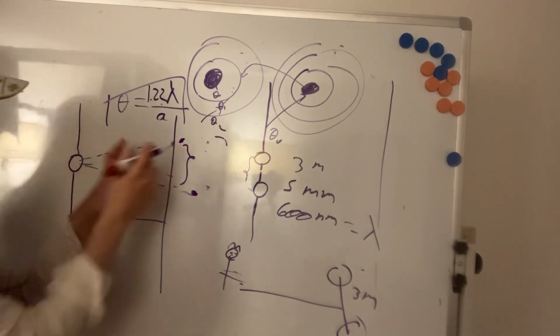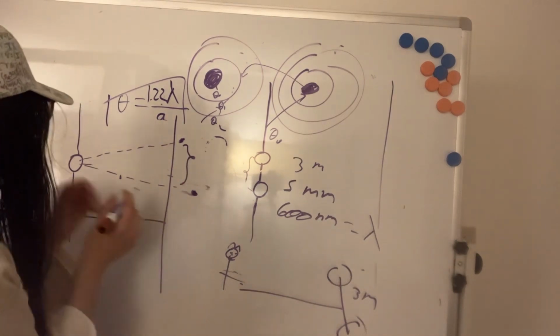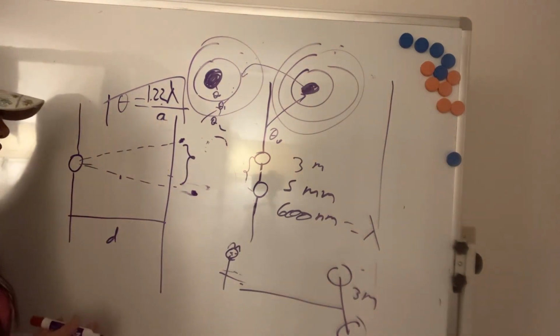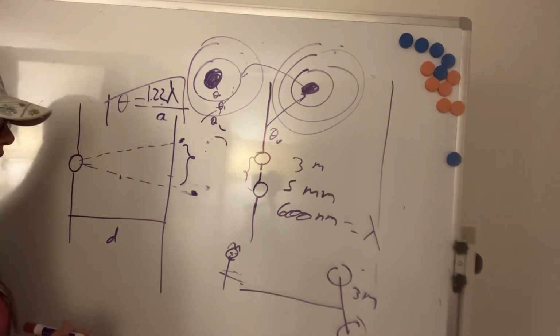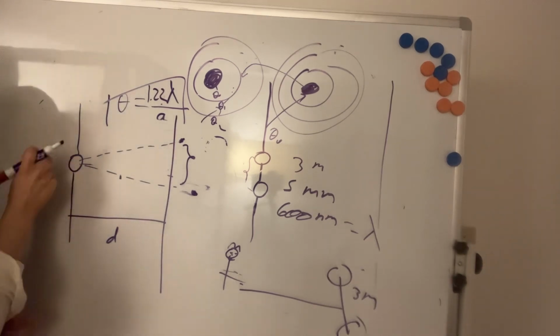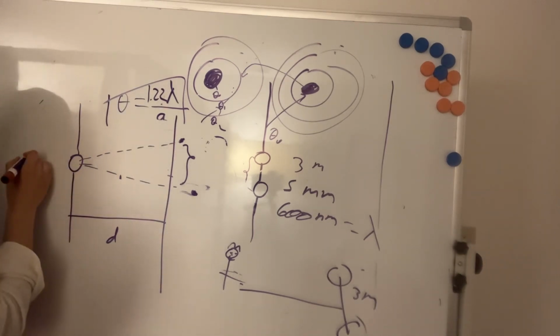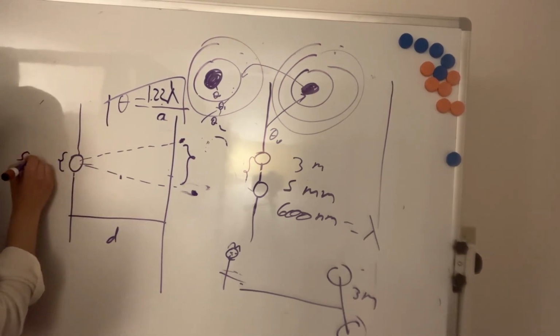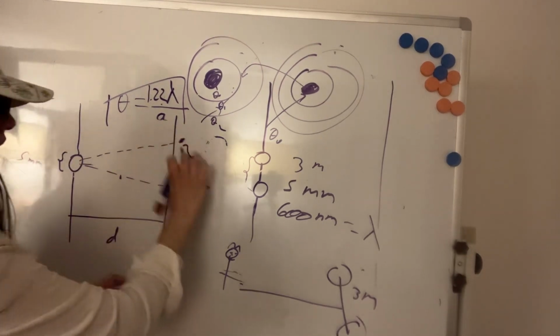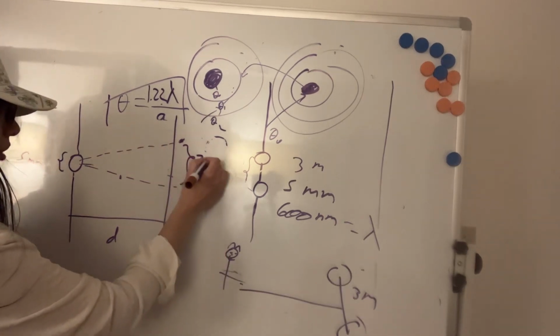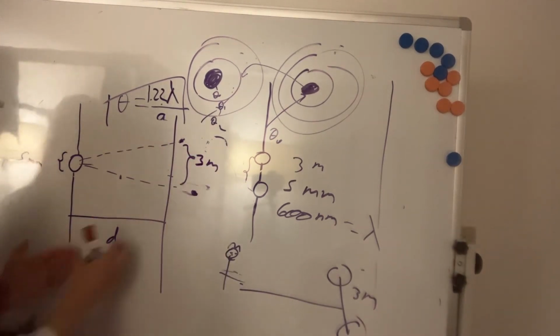But I think that I'm using the word source for 2 different things. Look, the aperture is here and it is the pupil, which is 5 millimeters in diameter, and here we have the lights that we are seeing, they are 3 meters apart. We want to know what this distance is.